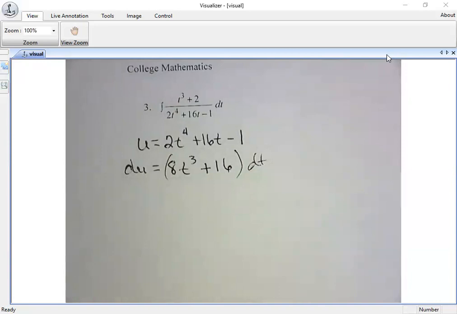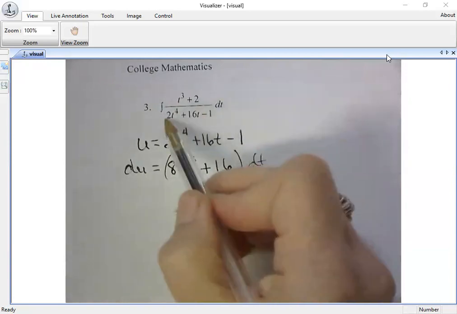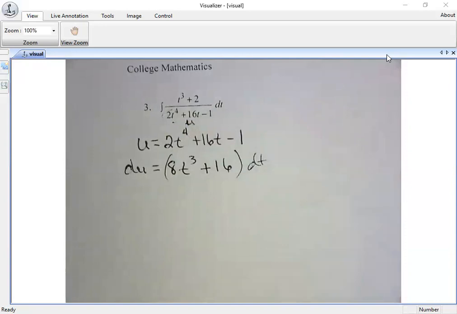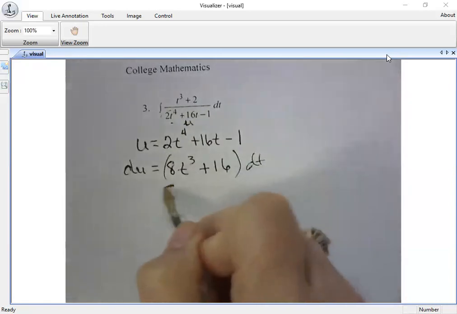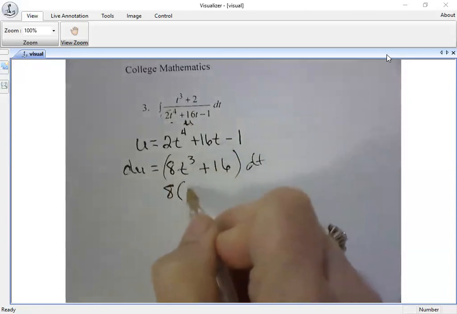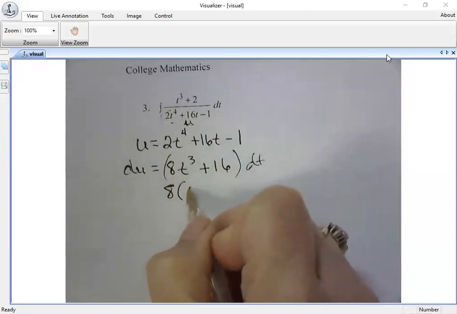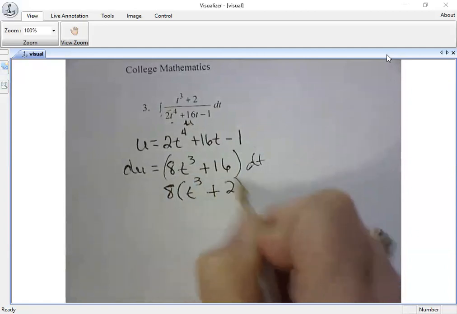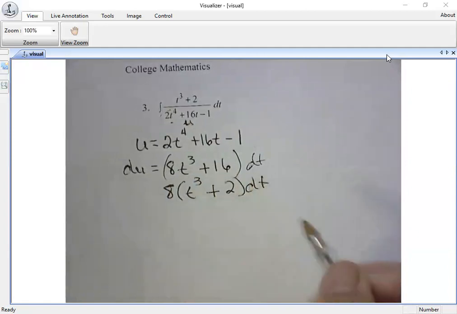Do I have that? If I use this to be U, well, 8, you can. Excellent, Hannah. If I were to factor out 8 and write this as 8 times, and then in parentheses, if I have t to the 3rd plus what? 2, then here's what I see.